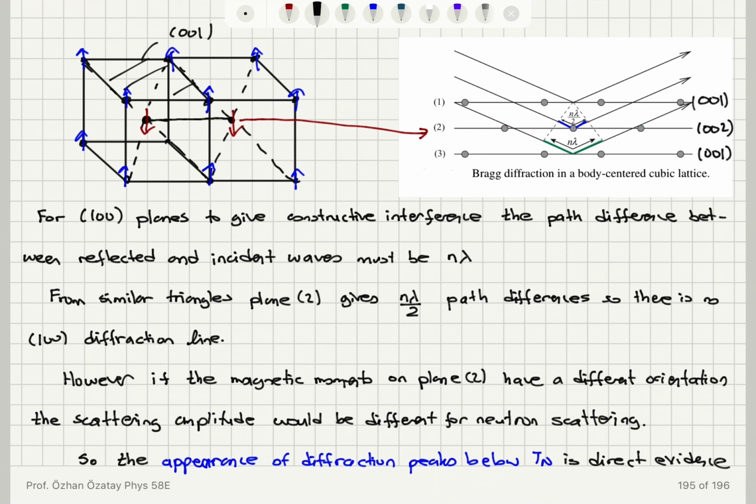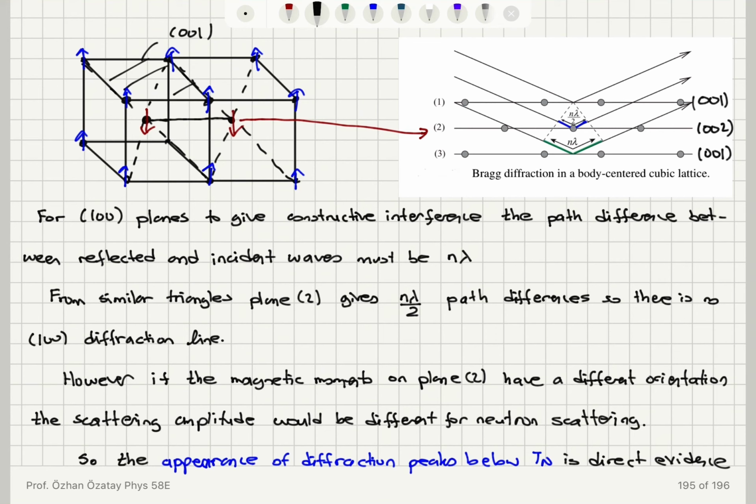For example, if we look at a body-centered cubic structure, the plane created by the atoms at the body center causes destructive interference with the planes adjacent to it. So you can see that in the Bragg diffraction in a body-centered cubic lattice. Regular X-ray diffraction would not give us any peaks, or only a very small intensity, at these locations.